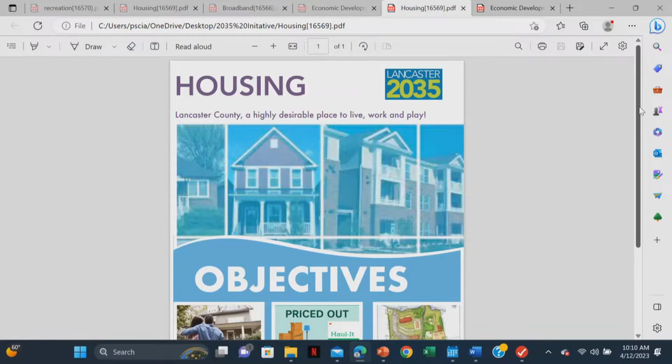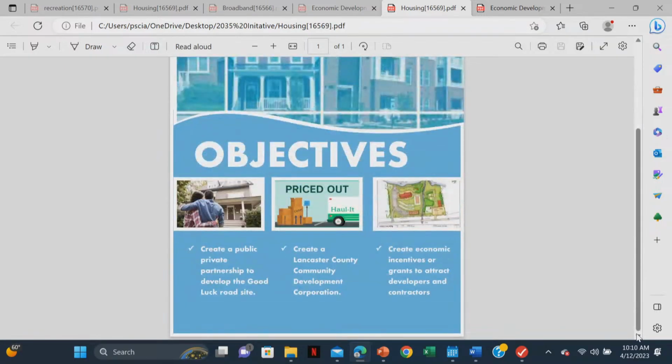And in that, there are 3 key objectives under this strategy. Remember, the strategy is a housing strategy, and now we have objectives. Create a public-private partnership to develop the Good Luck Road site, create a Lancaster County CDC, and create economic incentives or grants to attract developers and contractors. So if those are our objectives, now we have to start filling in with tangible goals to reach our objectives, which eventually filter into reaching our strategy, right?